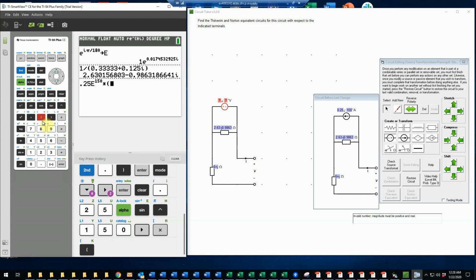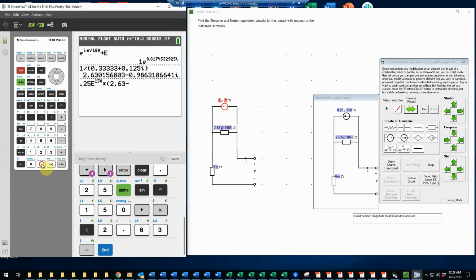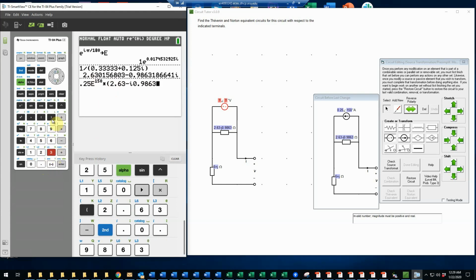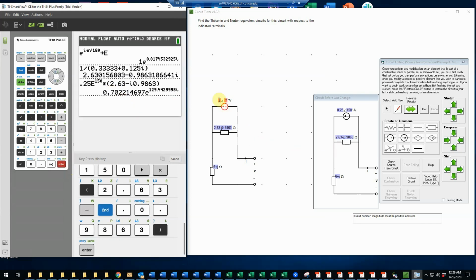So I'll put that in parentheses because by order of operation, of course, I have to be inside parentheses here, or I'd only be multiplying by the first number, and that's not what I want to do at all. So that minus I times 0.9863. And just check that that's all correct. That looks good, so I'll press enter. And so that should be the value of my new voltage source.